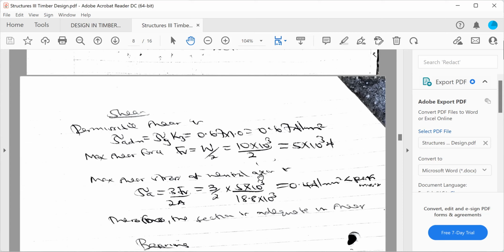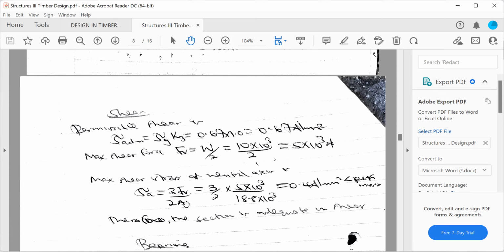Maximum shear stress at neutral axis: now we have a force. We know that to find a stress from force, you divide force by area. From the last presentation, we said for a rectangular section, the maximum applied shear is equivalent to 3 times shear force divided by 2 times area. Now shear force, we have it here.